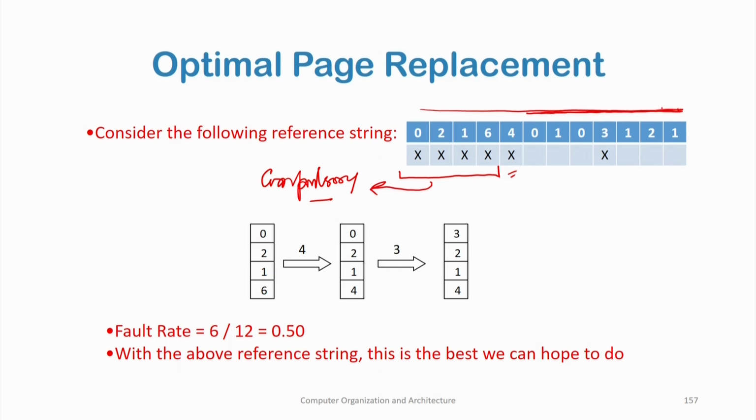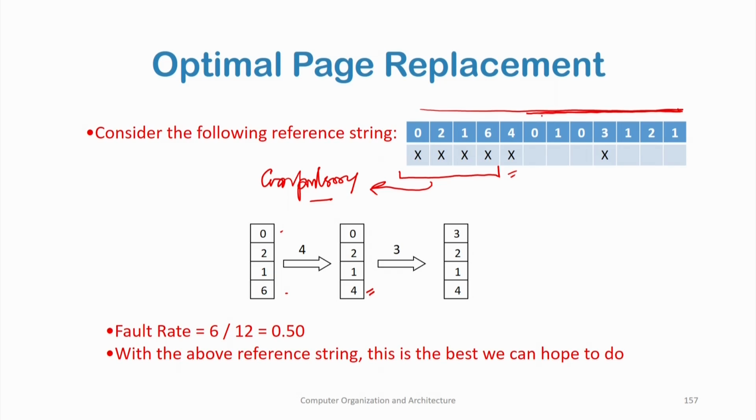Out of these 12 references, 6 is never used in the future. Therefore, 4 will replace 6 here. In the FIFO algorithm, 4 replaced 0, but here 4 replaces 6, because it can see the future and sees that 6 will not be used for the longest time.